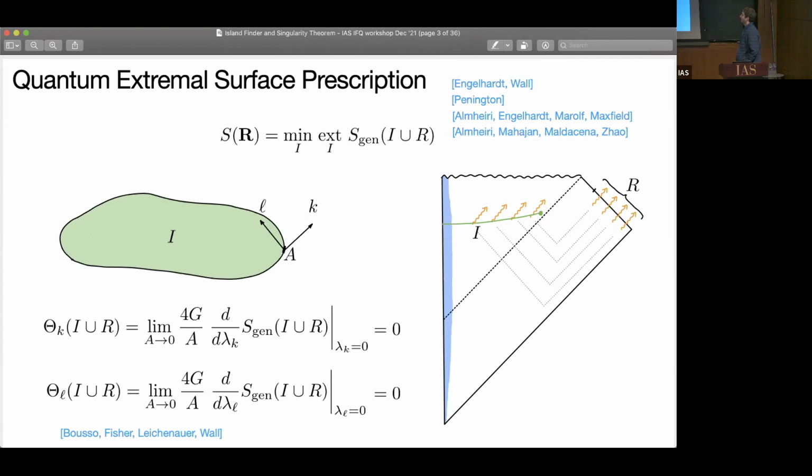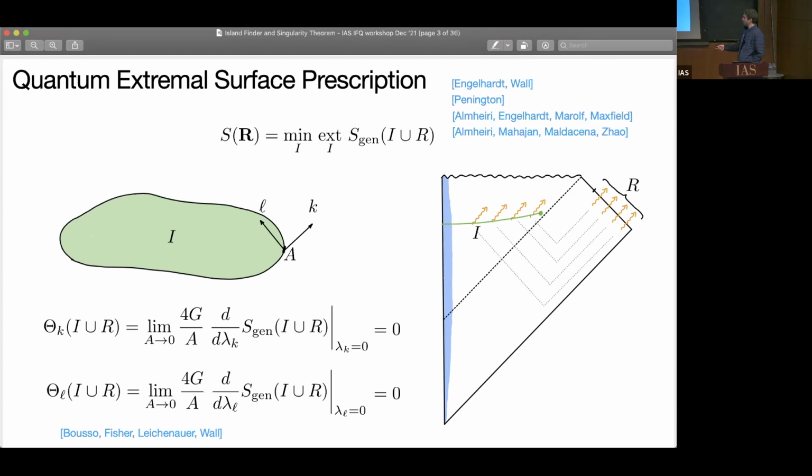Here I've shown K and L, where K points outwards and L points inwards to the region. Then the quantum expansions in the K and L directions are, up to some normalization, just the derivatives of the generalized entropy subject to deformations in the K and L directions. And the condition of quantum extremality, in particular, is equivalent to both quantum expansions being zero.